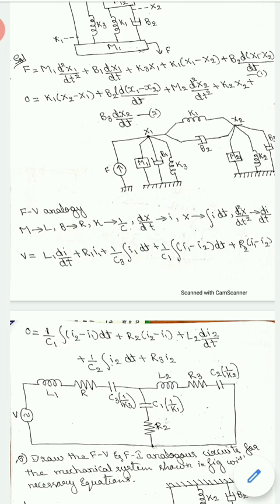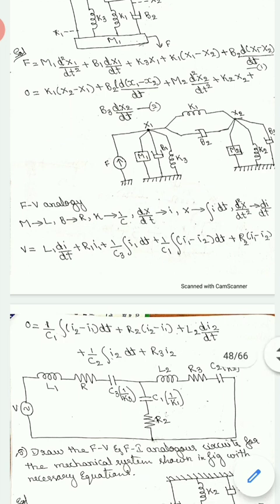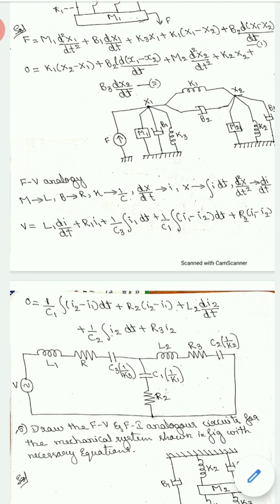For force-voltage analogy, remember the elements of the electrical network will be in the form of loops. L1, R1 and C3 are in series. K1 and B2 are in between x1 and x2, that means between loop 1 and loop 2.